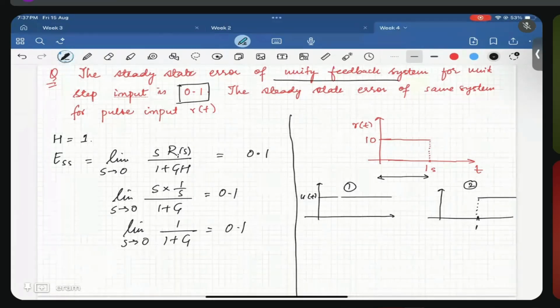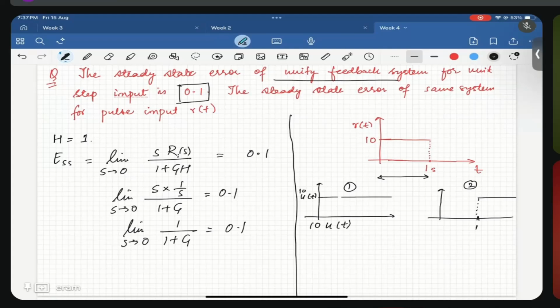You will get the same input as r(t), right? This is 10 u(t), okay, and this is 10 times u(t minus 1). We have shifted it by 1, so this is 10 u(t minus 1). So r(t) we can write as 10 of u(t) minus u(t minus 1).